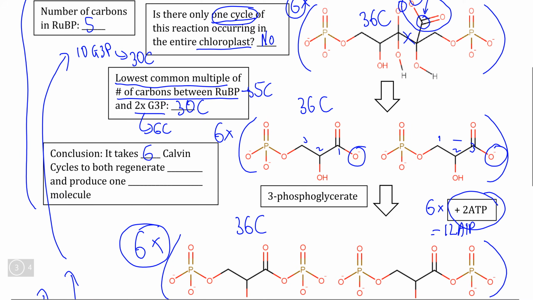So the conclusion to this is that it takes 6 Calvin cycles happening concurrently in order to regenerate ribulose 1,5-bisphosphate, our starting compound, while simultaneously having enough G3P to produce one glucose molecule.